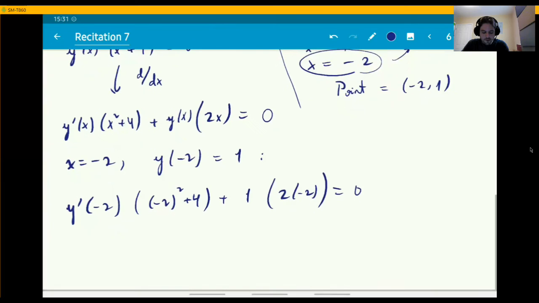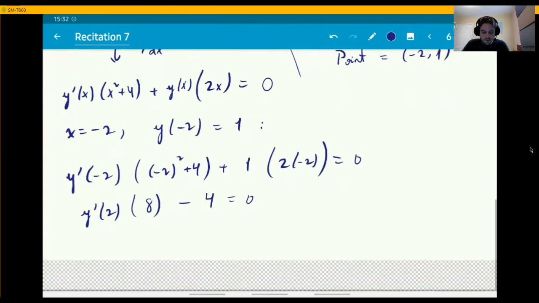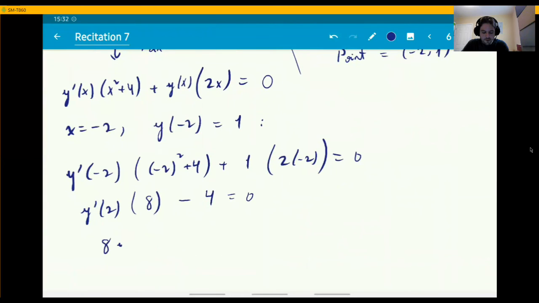So cleaning up, the number that we want to find, the derivative, times 8 minus 4 equals 0. So 8 y prime of negative 2 equals 4. y prime of negative 2 equals 1/2.